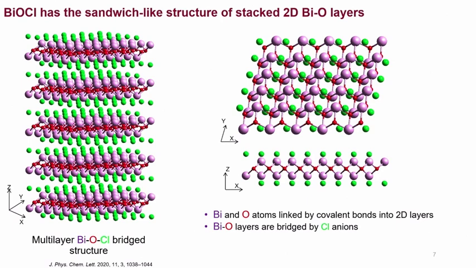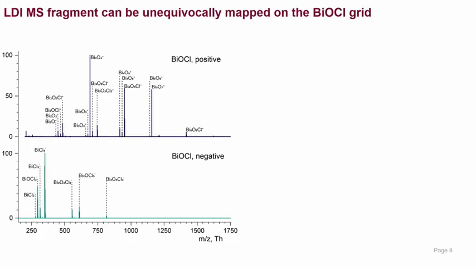And these layers of bismuth oxide are cross-linked by chlorine atoms, forming this tightly packed rigid structure.